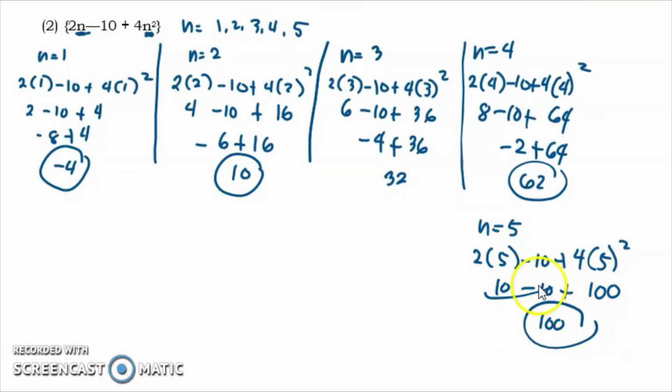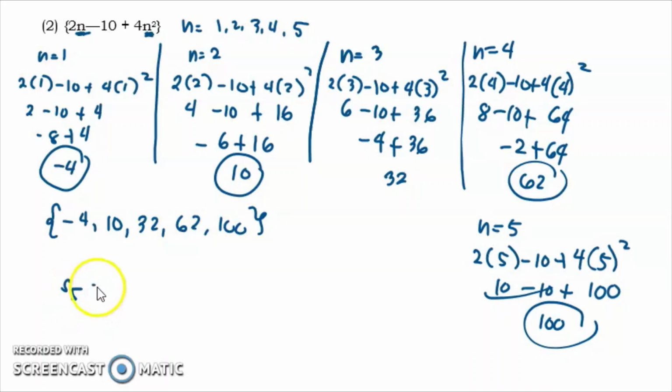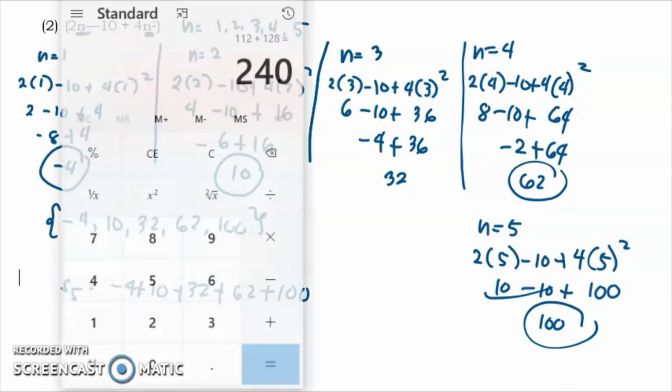100 na lang. So, you have here negative 4, 10, 32, 62, and 100. Okay, para sa ating S of 5, you just have to add negative 4, plus 10, plus 32, plus 62, plus 100. Okay, so let's see.